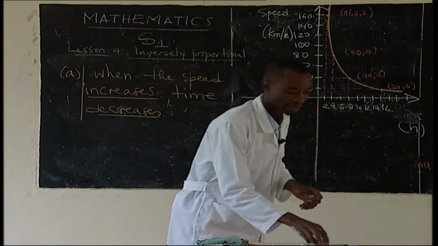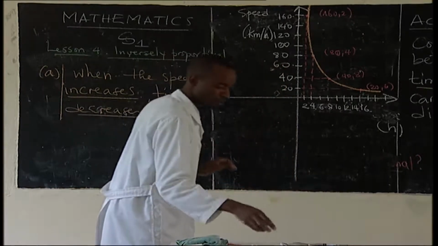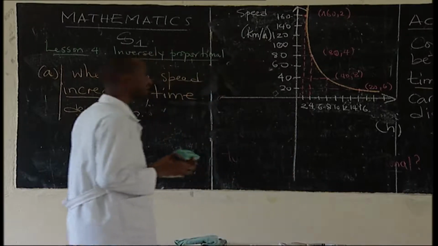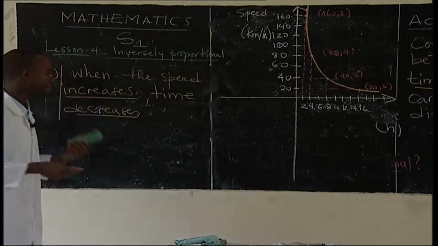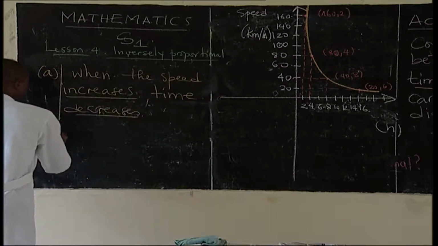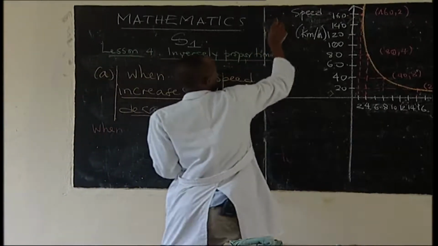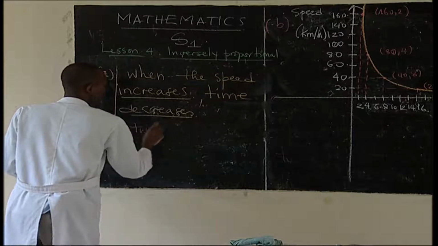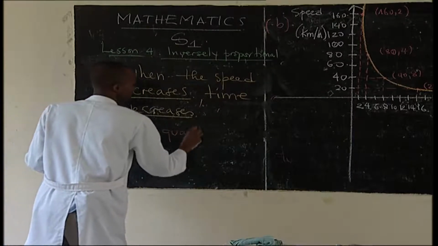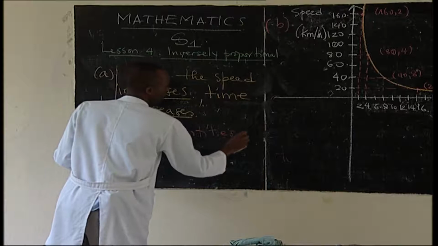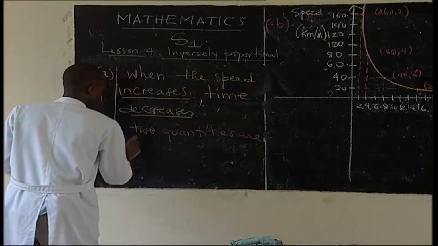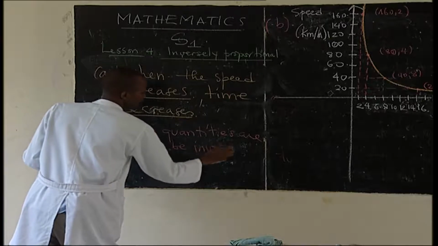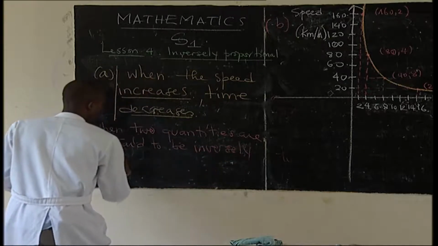Now, if you remember the question we had before, our question was: when two quantities, of course this is our B, are said to be inversely proportional.